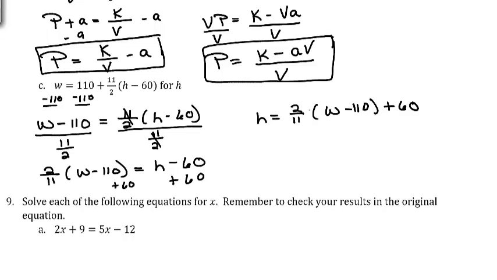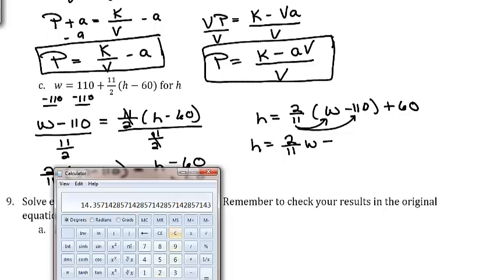So we could simplify this a little bit. You could distribute the 2/11. That will give us H is equal to 2/11 W minus, and when we multiply 110 by 2/11, let's just do that on our calculators.